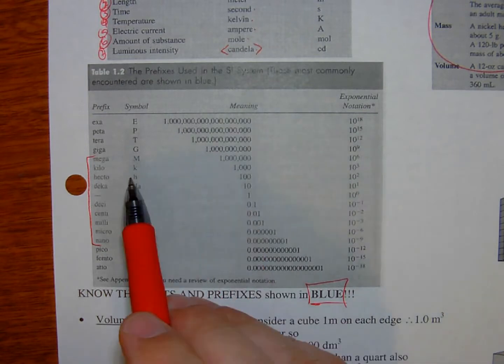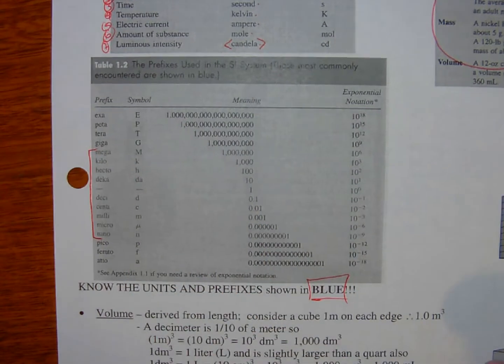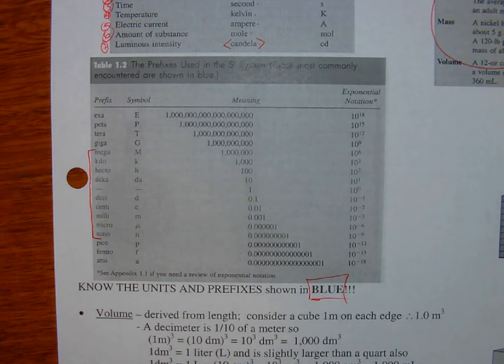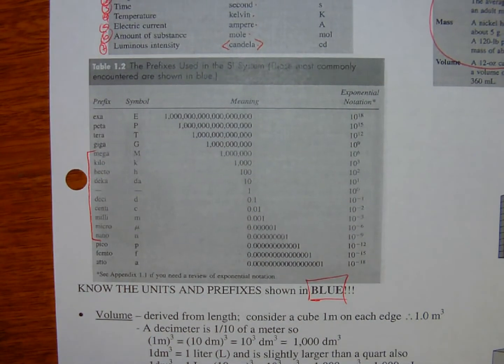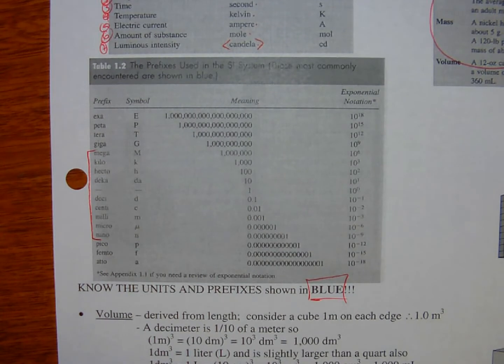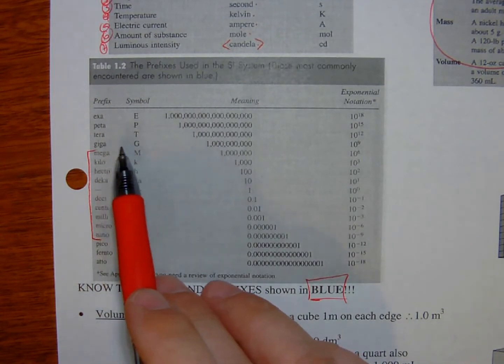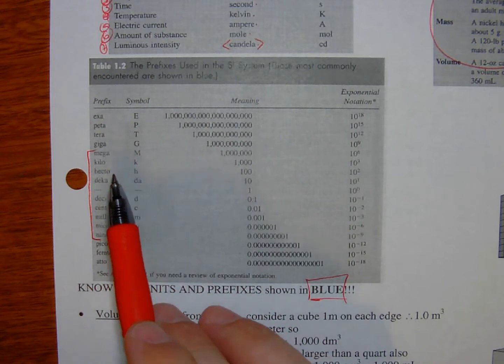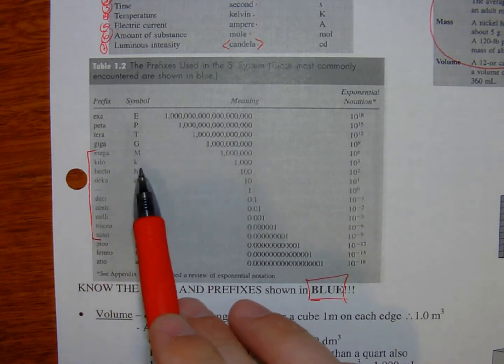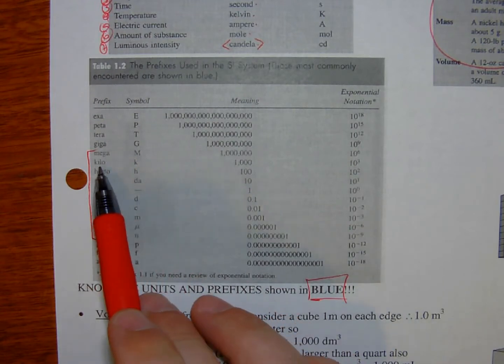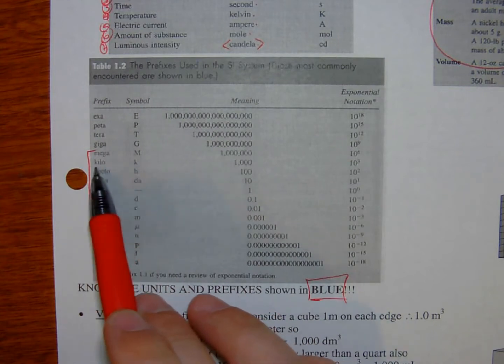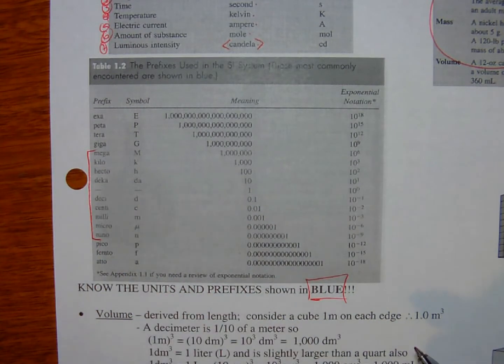Several of these you probably already know from using some sort of computer, right? When you're talking about the size of a file or a hard drive, you're typically talking about tera, giga, mega, maybe even sometimes kilo. This actually used to be a pretty big deal when I was really young. A kilobyte was a pretty decent amount of memory.